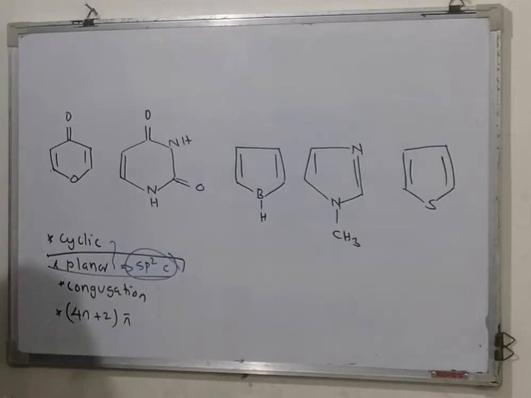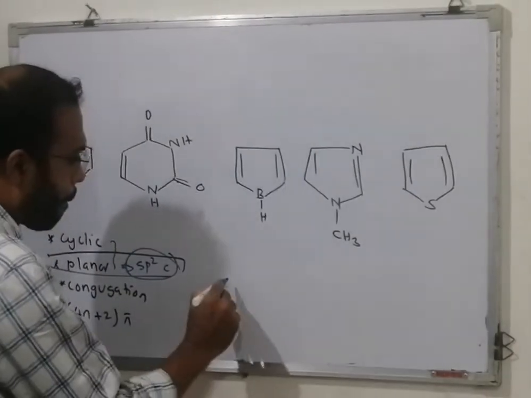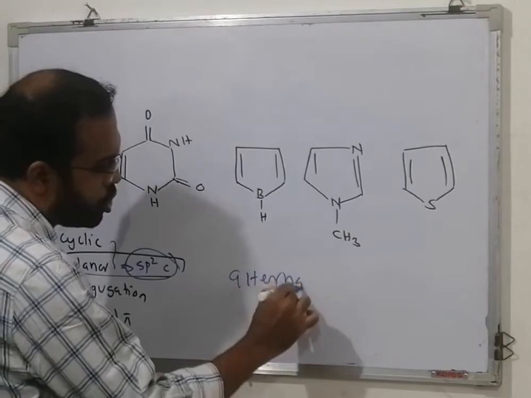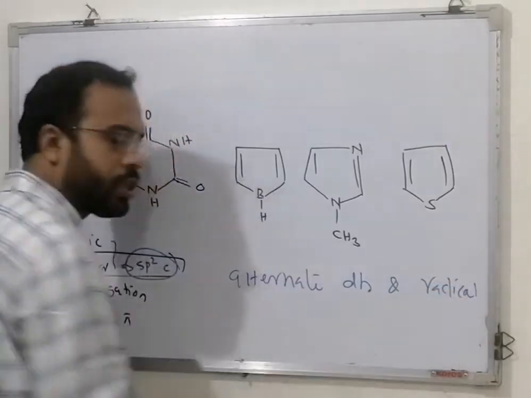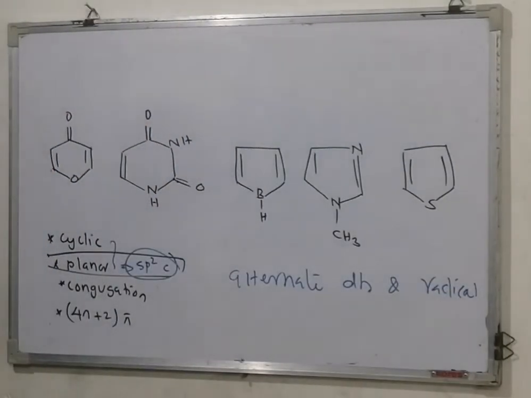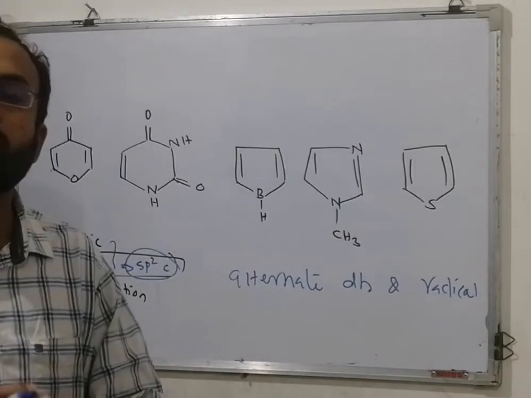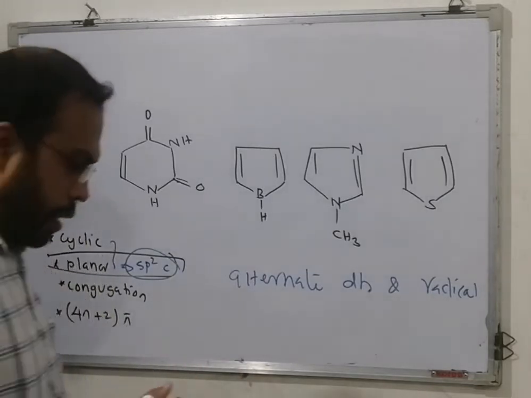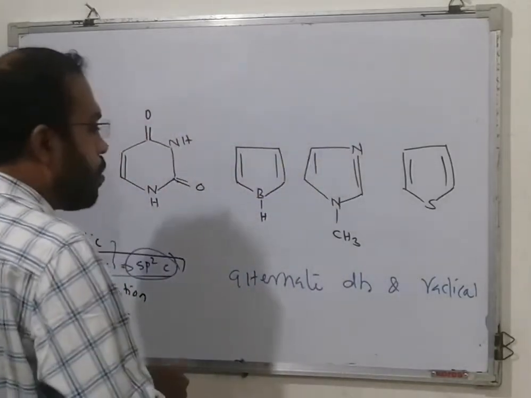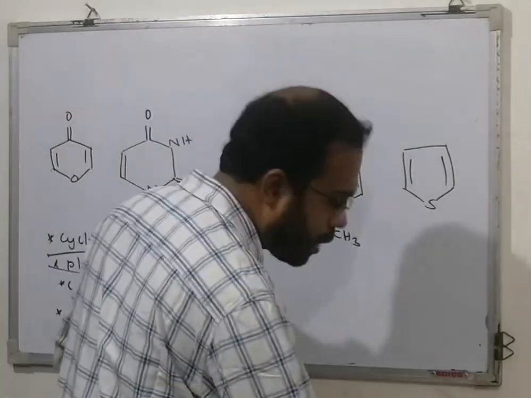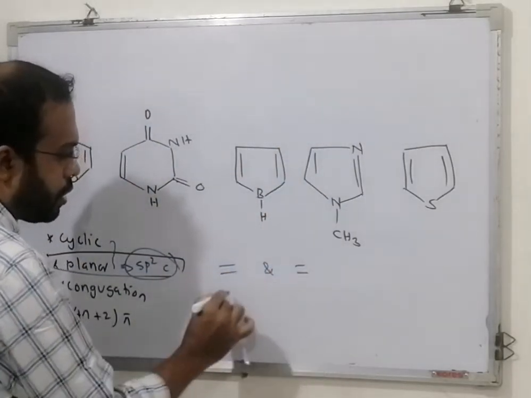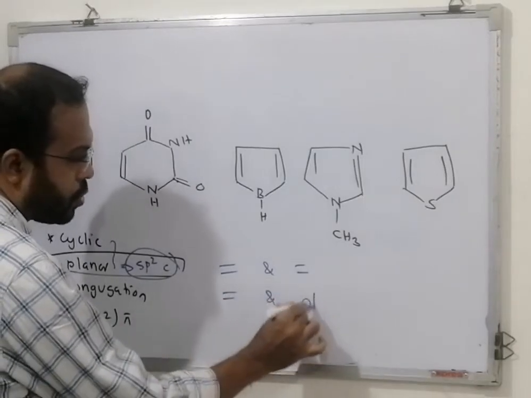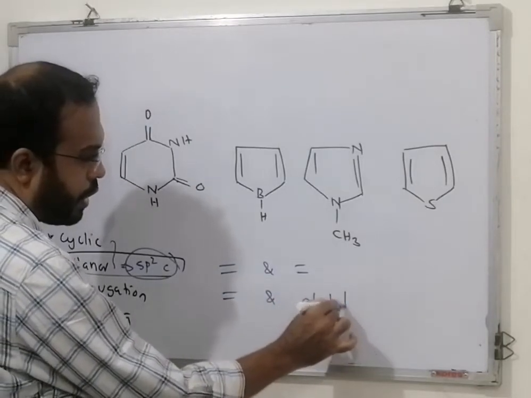Then alternate double bond and radical. There is also conjugation, but it may not be part of aromaticity. In aromaticity, you have to check the following cases: double bond and heteroatoms, oxygen, nitrogen, sulfur, like that.